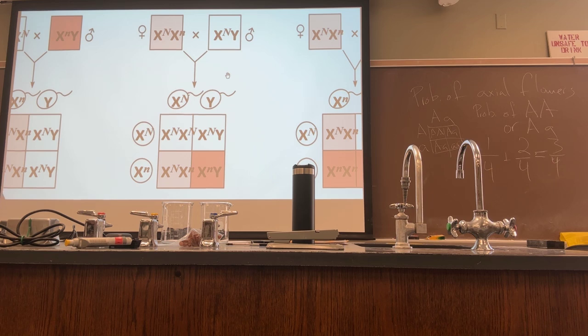There's only one way it can happen, the recessive allele here. There is a 1 out of 1 chance that they will receive the Y chromosome if they're XY. All right? So there is a 0.5 chance of them receiving the recessive allele in the egg. Therefore, 0.5 times 1 means that half of XY offspring will have hemophilia.